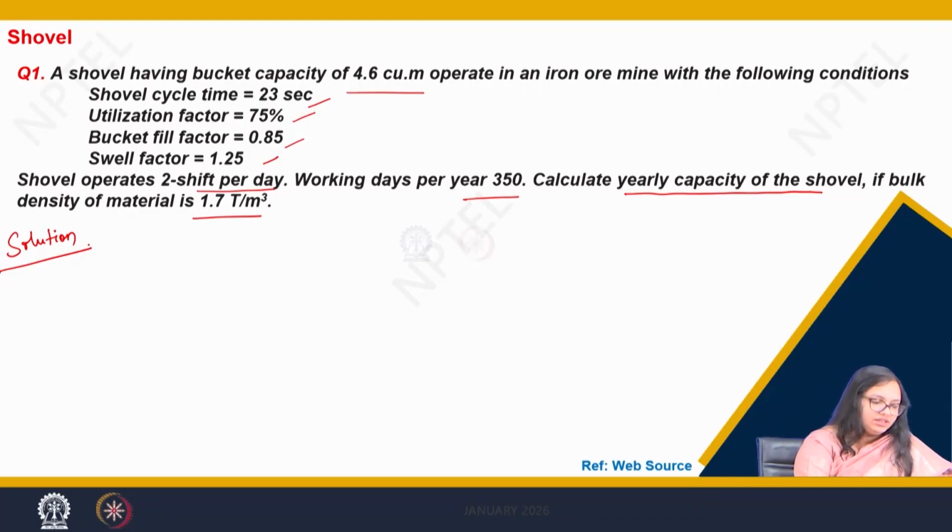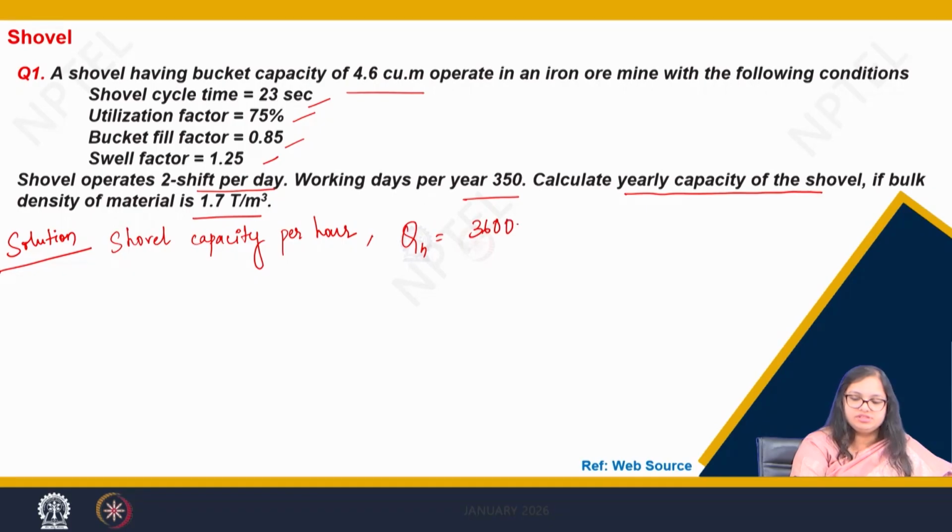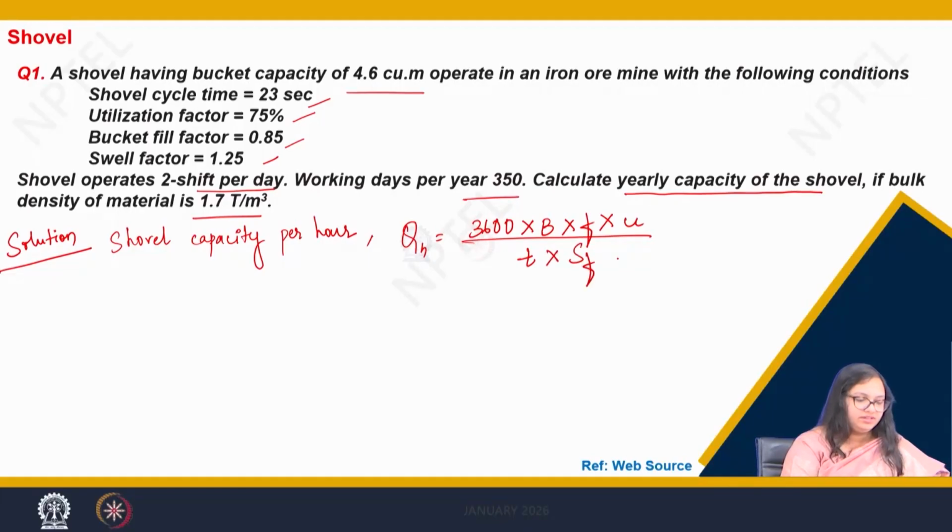We know that my shovel capacity per hour is given by QH is equal to 3600 multiplied with B multiplied with F multiplied with U, divided by the shovel cycle time multiplied with swell factor, right. Here F is the fill factor and U is the utilization factor.